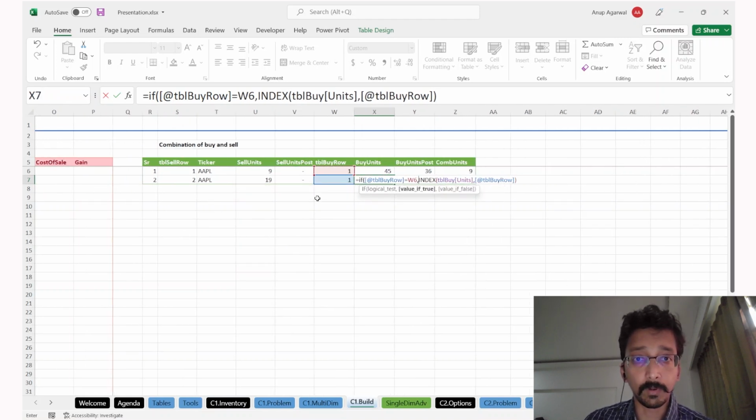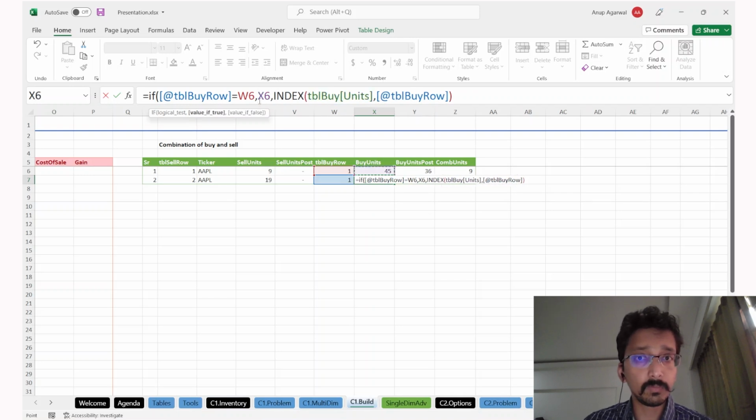But I'll now change this formula so that, if this row and this row are picking up from the same buy row, then the balance of the units from this buy yet to be allocated is actually 36, not what you see on the buy table. If this is a new buy row, like let's say row 2, then of course, yes, the balance of those buy units is from the buy table.